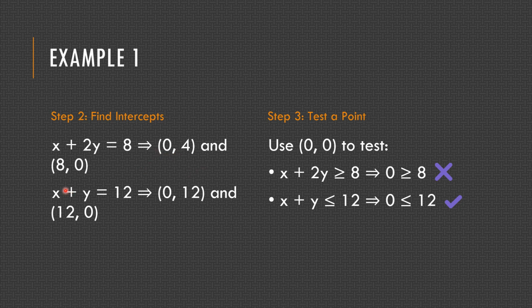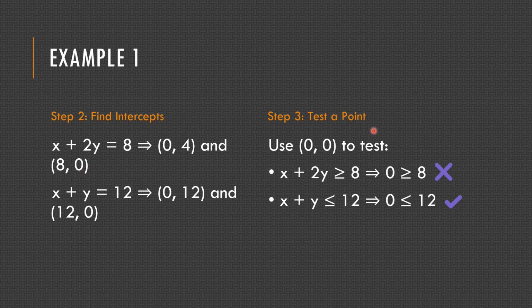These are the x and y intercepts, and here too x plus y equal to 12. This is the intercept on both the x axis and the y axis. The same thing applies to this one, intercept on both the x axis and the y axis. Remember, on the y-axis x is 0, and on the x-axis y is 0.